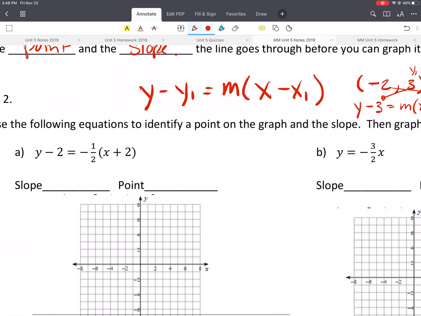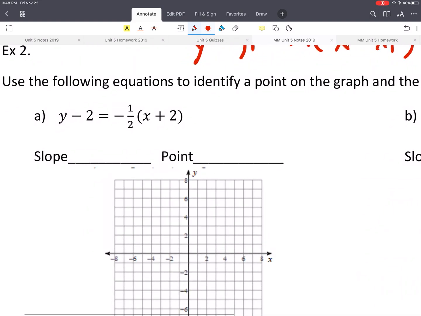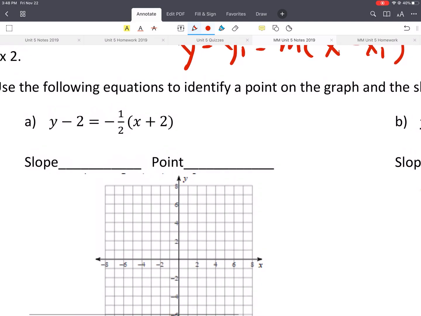Okay, so if we're trying to take these points out, it's going to go back to its original value. It will change those signs. So if we want to find this point, if we take the x out, it's going to give us a -2. And if we take this -2 and put it back into a point, it would give us a +2.